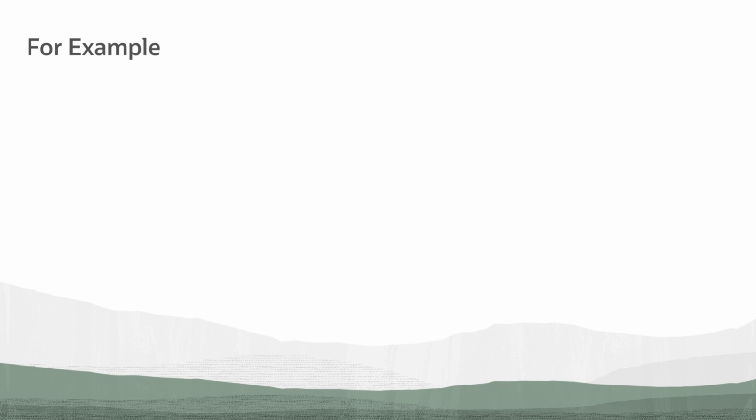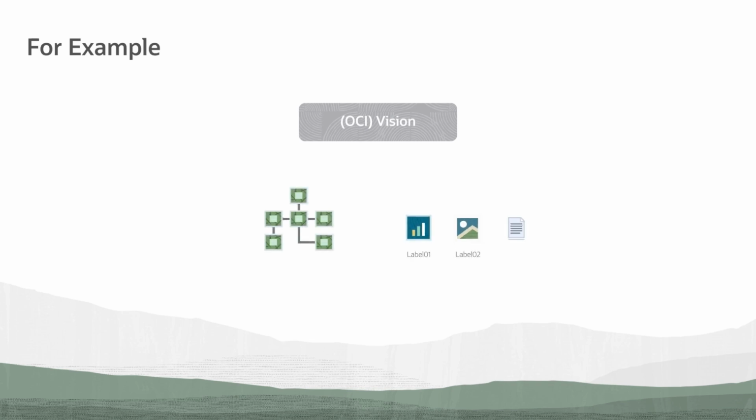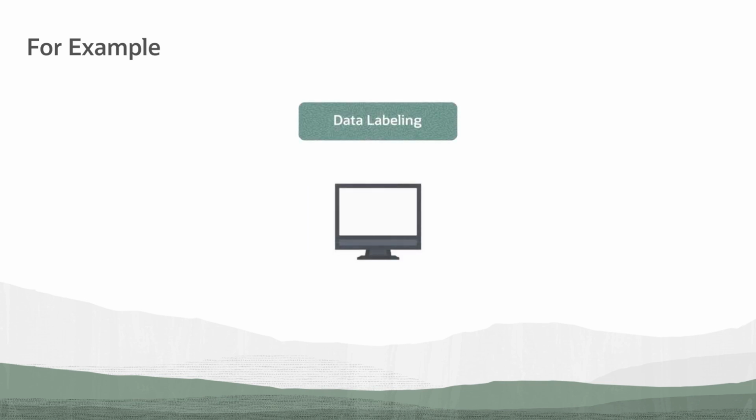For example, OCI vision services can be used to create specialized models to gain insights, but only if labeled data is first available for training the model. Data labeling lets you quickly start labeling raw datasets with a minimal number of configuration steps. Load your data, label them, and use labeled datasets across OCI AI services and data science.